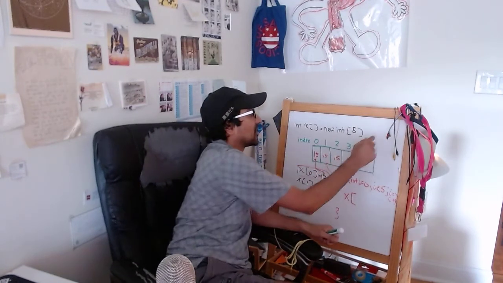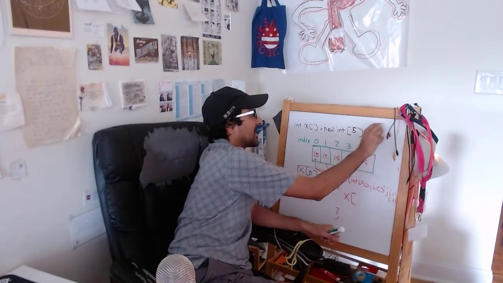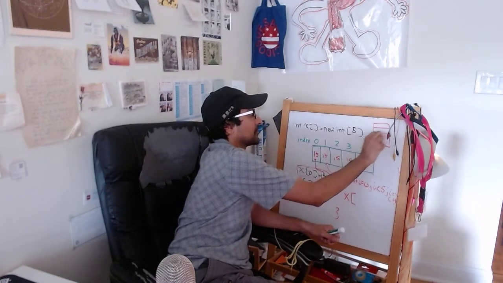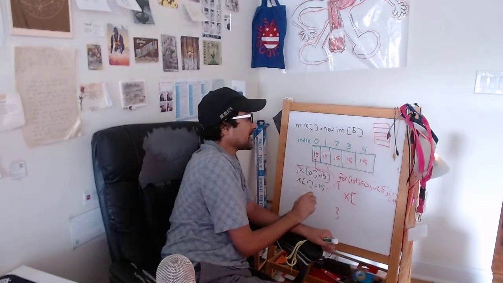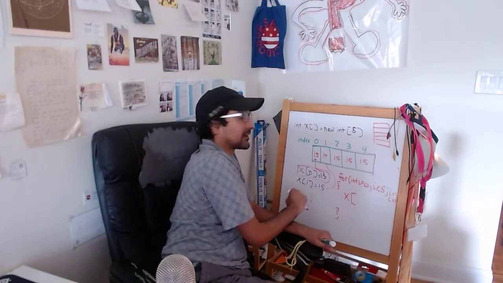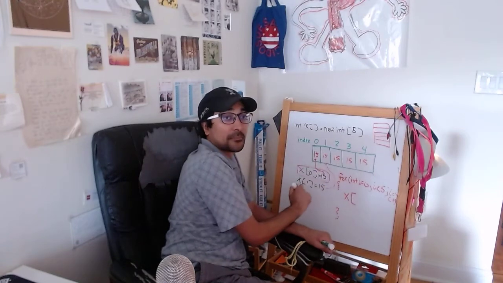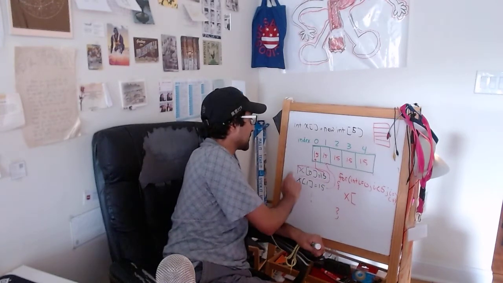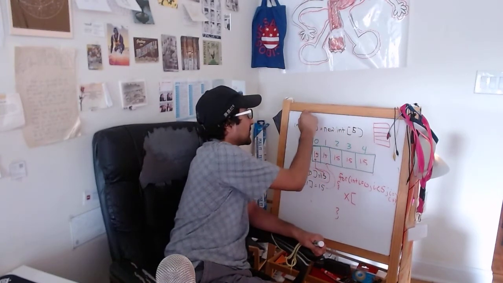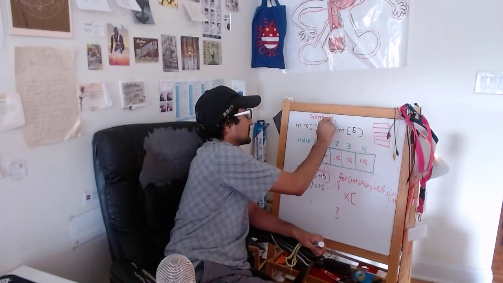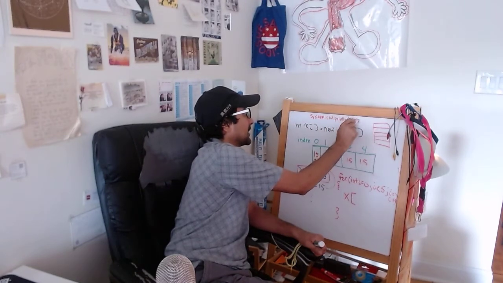Now, the reason they're all contiguous in memory is actually pretty smart. I can jump right to one of these boxes. If I wanted to see what's in this third box, the box labeled 3, I could System.out.println x sub 3.